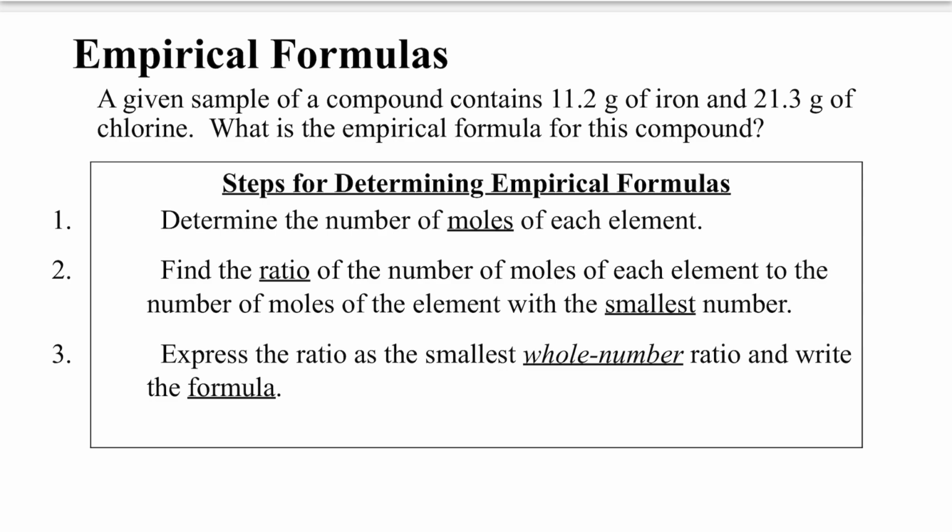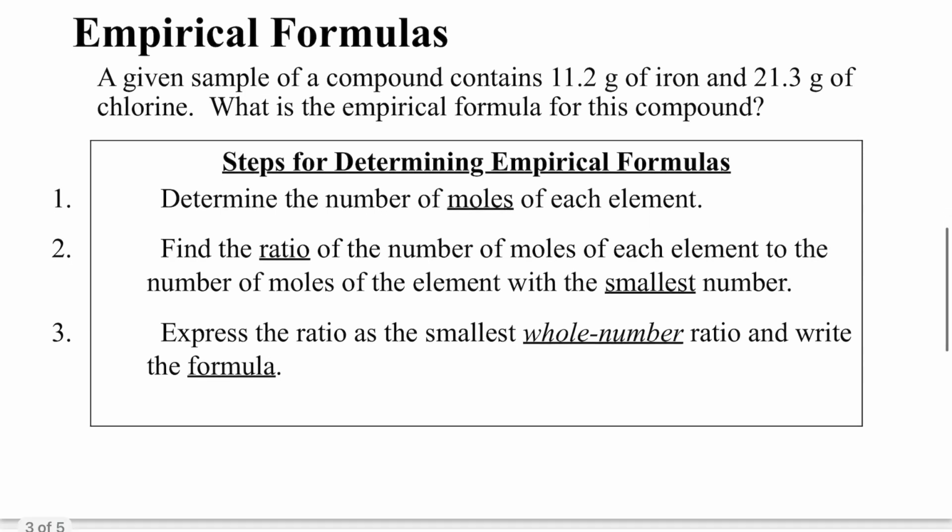Then we need to find the ratio of moles for each element, and whichever one has the smallest number of moles will go on the bottom. And I'll show you that in a second. And then we're going to express that ratio as a simple whole number ratio and use that ratio to write the chemical formula. So let's work through this example.